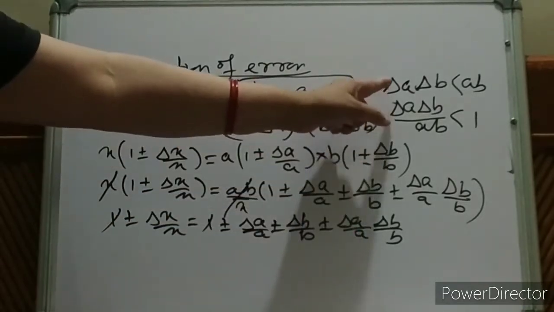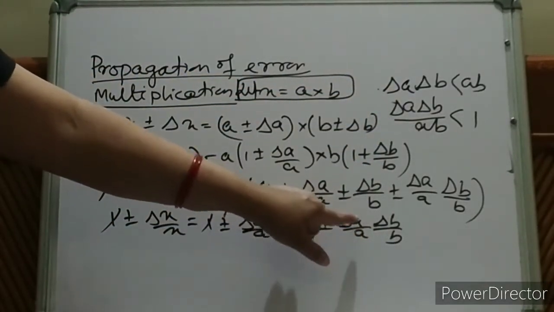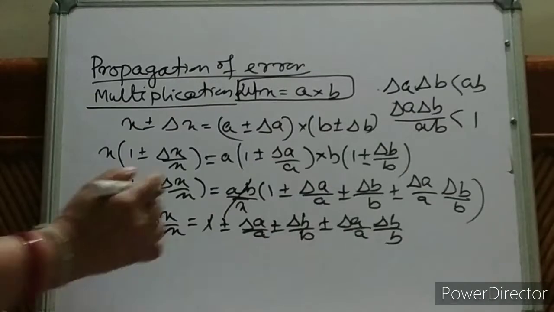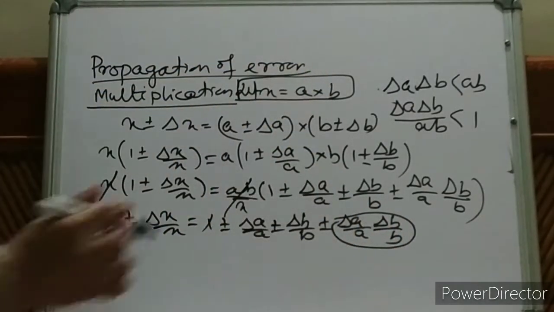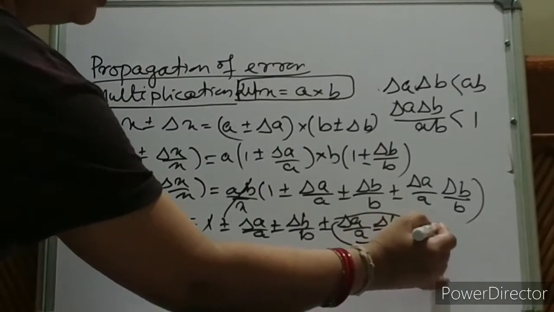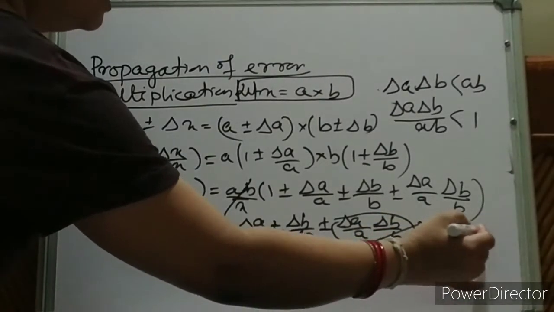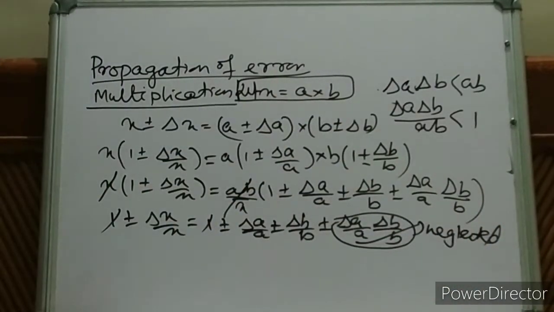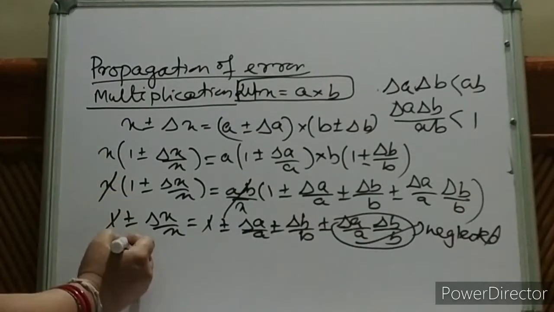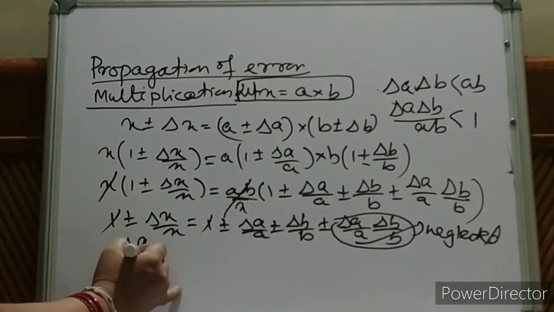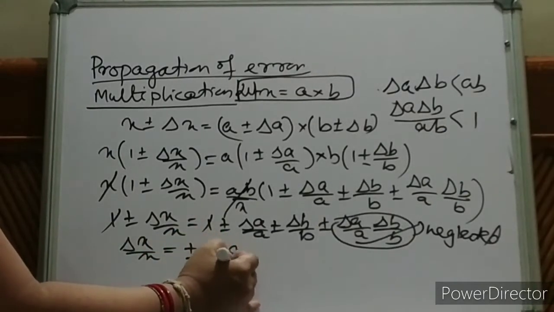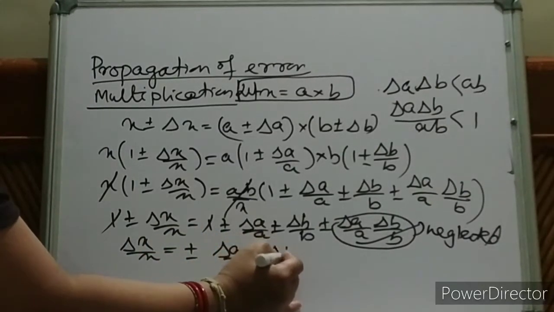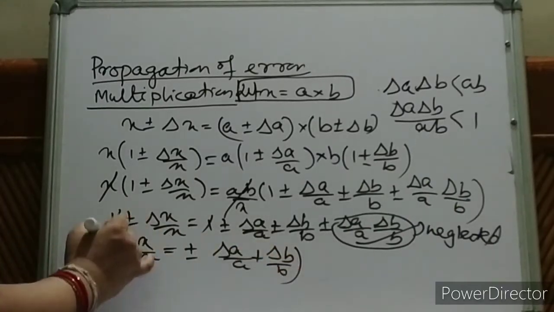These errors are small compared to the actual values, so obviously the division will be very less. So this is neglected. Clear? So what can we write now? Delta x by x is equal to plus minus delta a by a plus delta b by b.